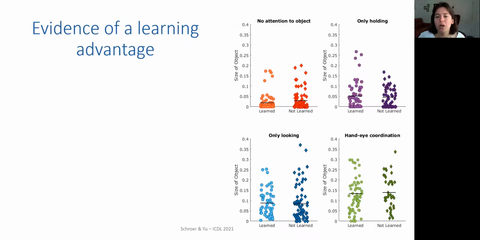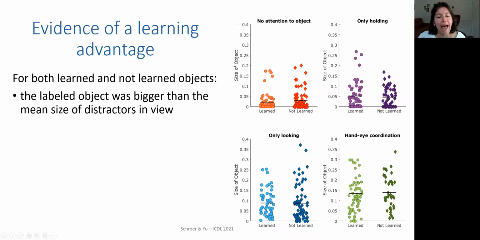So these plots are showing the size of a learned object and a not learned object when they were labeled, and the dot is the mean size of that object throughout the utterance. And then we have it for each type of attention. And we saw when we analyzed just the learned objects and just the not learned objects that the labeled object was bigger than the mean size of distractors in view. So the labeled object is dominant.